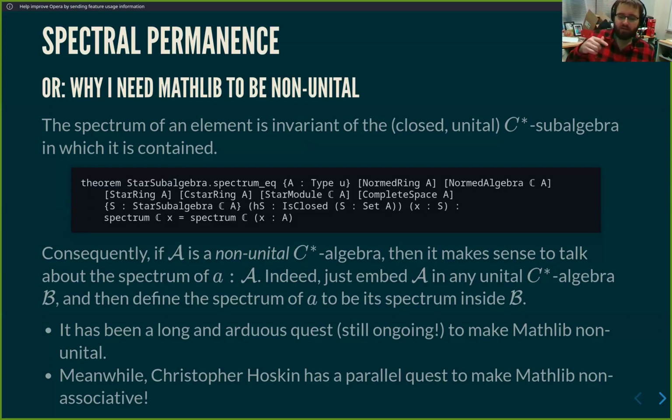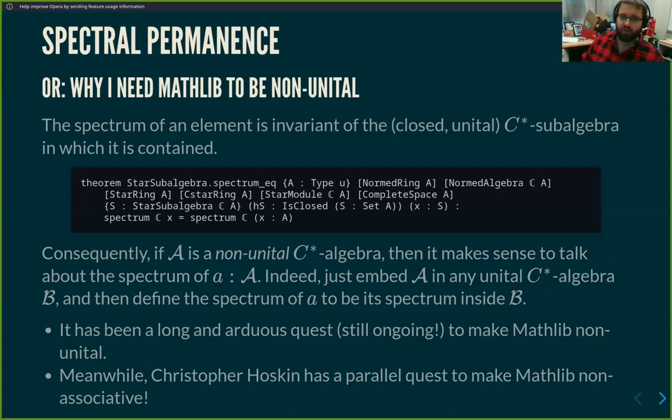But the reason that we need it to be non-unital is because of this theorem, which we have in Mathlib, called spectral permanence. It says that if you have an element in a unital C-star subalgebra, its spectrum inside that small subalgebra is equal to its spectrum in the big algebra that contains it, right?